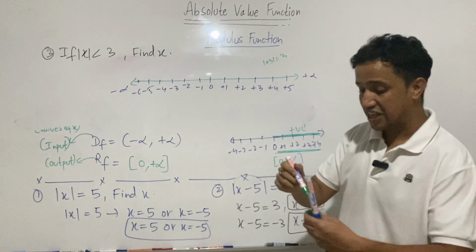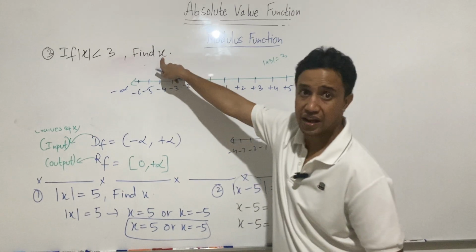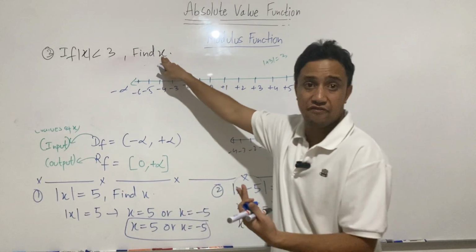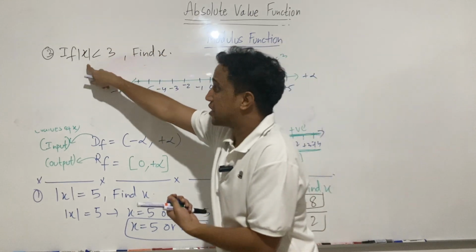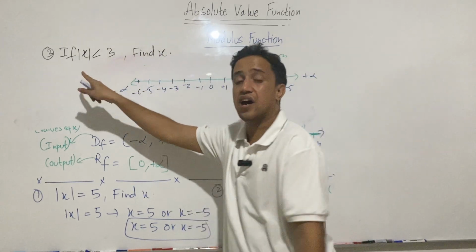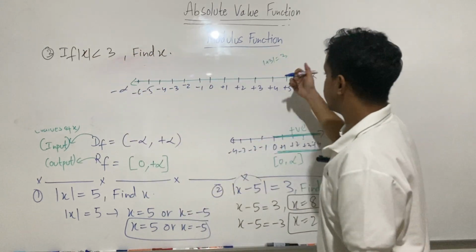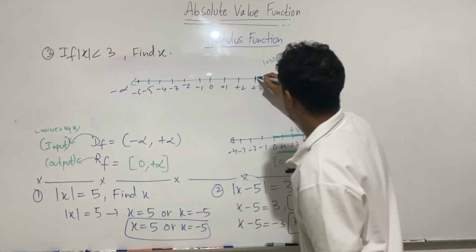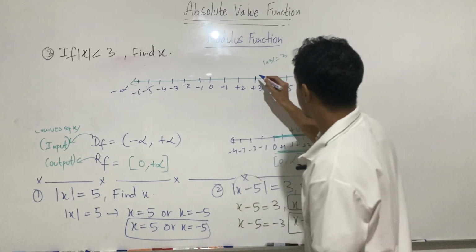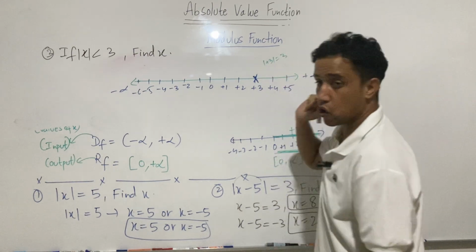Okay, 3 is not going to be included in my domain. What I'm doing is finding the domain, and I'm given the range. It says that modulus of x is less than 3, so I'm not going to include 3. So I put a cross on 3.